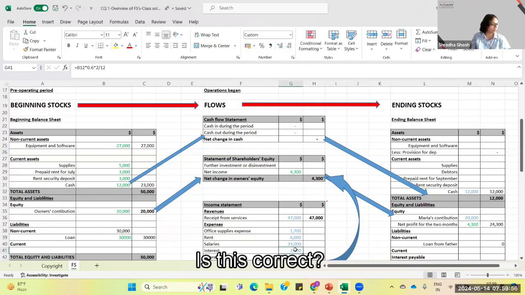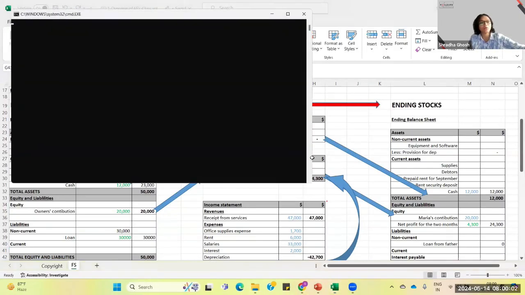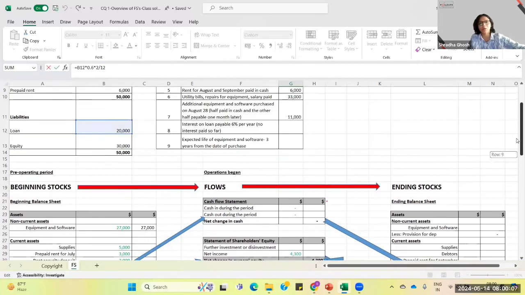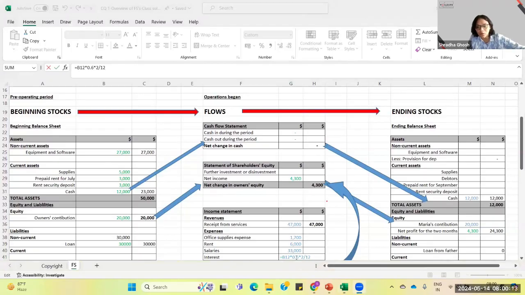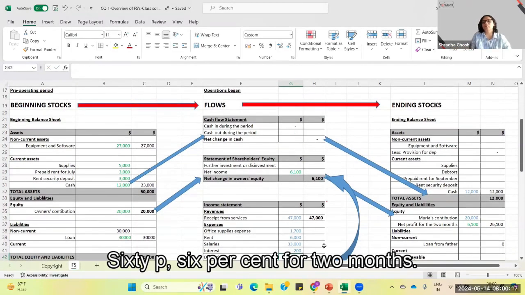Is this correct, guys? Is the calculation correct? So we had, 1 second, 20,000, 6%. Oh, sorry, my bad. I took it 60%. 6% for 2 months.